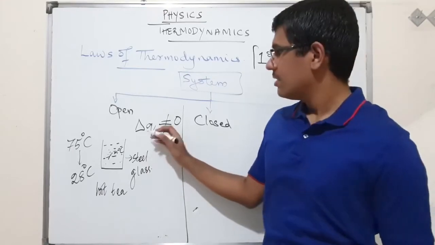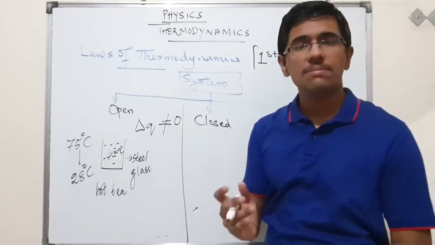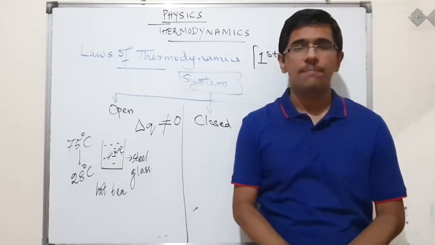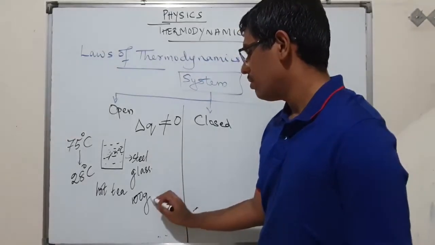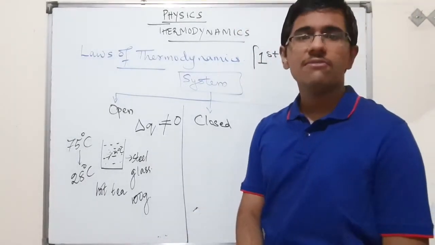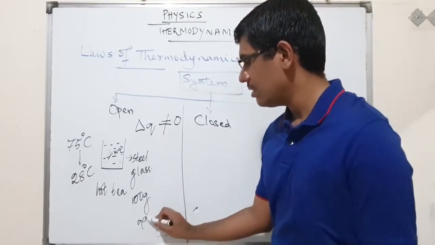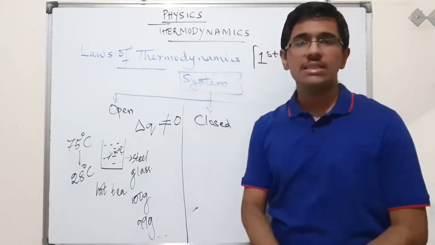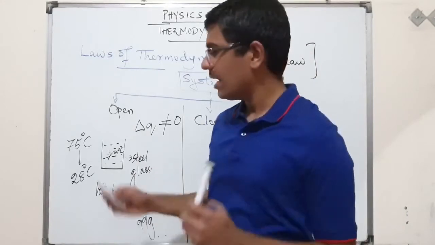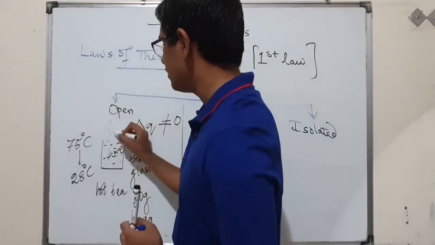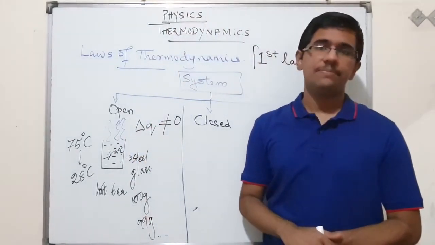Right? Now if I have to talk about the matter, matter means the quantity of the substance inside. That was your tea. How much tea was there inside? Imagine 100 grams of tea was there initially. But after 2 hours, when I see, only 99 grams of tea is left. Why? Because the tea was very hot and some of the water content from the tea has evaporated.